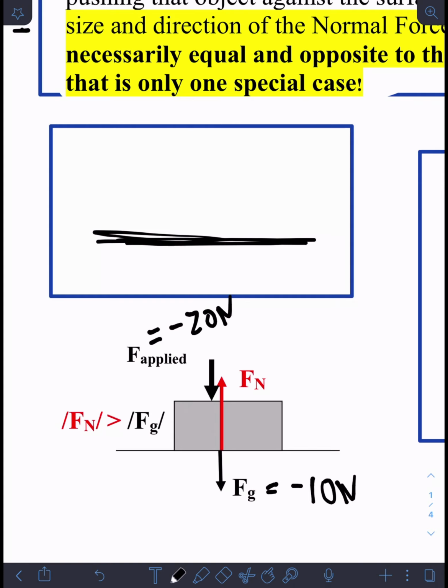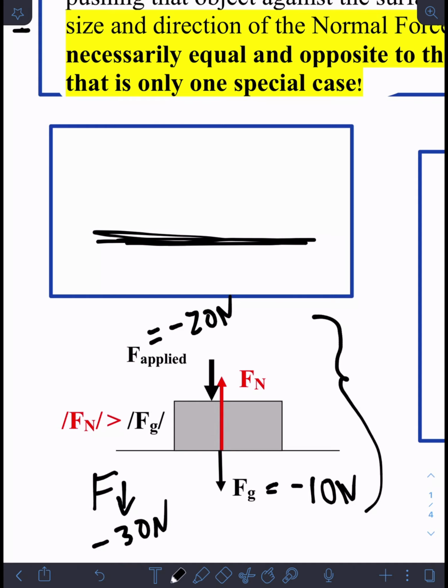We have a net downward force of 30 newtons, correct? Well, if I'm just pushing on the box and I don't push it through the table, I'm not that strong, then the table's not going to move up or down, which means that the sum of all these forces has to come back to a net force equal to zero.